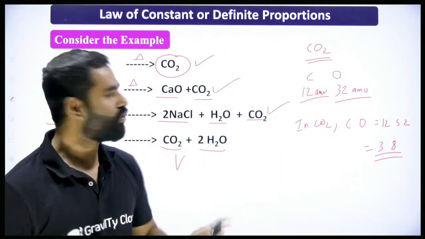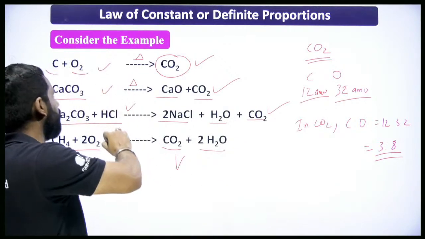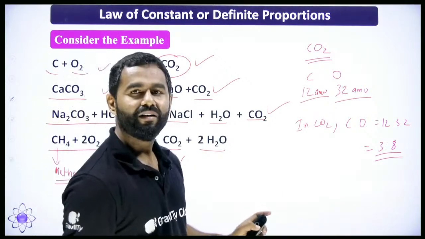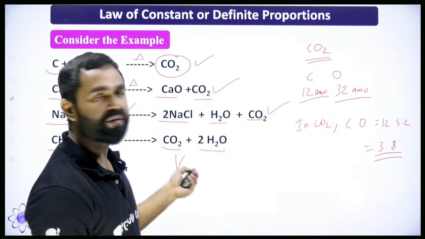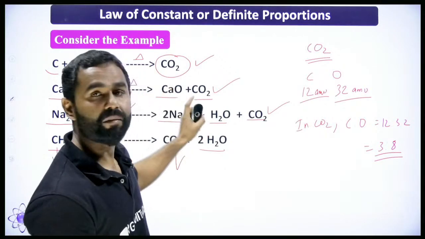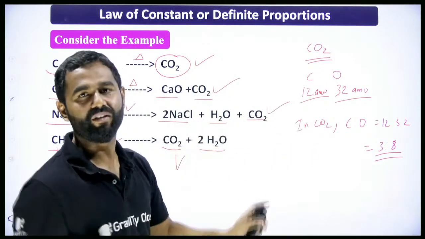It does not matter which method you use. It doesn't matter if you prepare the carbon dioxide with any of the 4 methods. That carbon dioxide will have carbon and oxygen in the ratio of 3 is to 8 always.